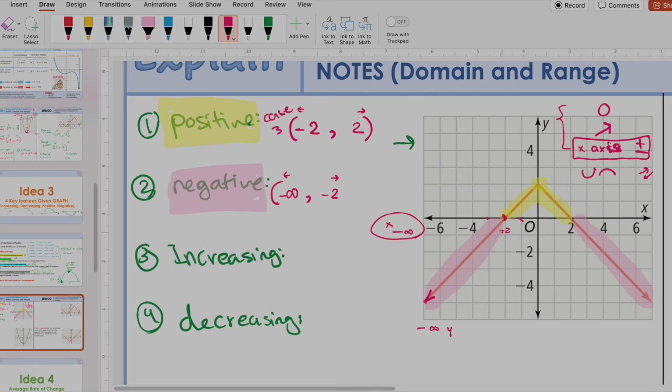Now -2. Is it an open circle? No. Is it an arrow? No. Is it on the x-axis? Yes. Are we talking about positive, negative intervals? Yeah, we are talking about a negative interval. So unfortunately, I have to open it. And what else? Let's see the other interval. It's from 2 to what? From the 2 to this arrow.